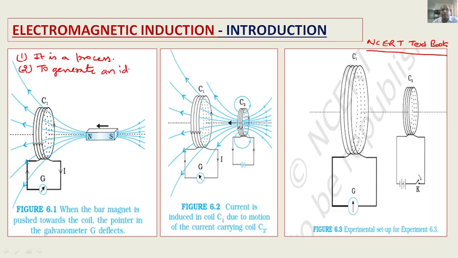An induced EMF, electromotive force, is generated, and hence an induced current, we can say, is generated in a coil, in a closed wire loop.